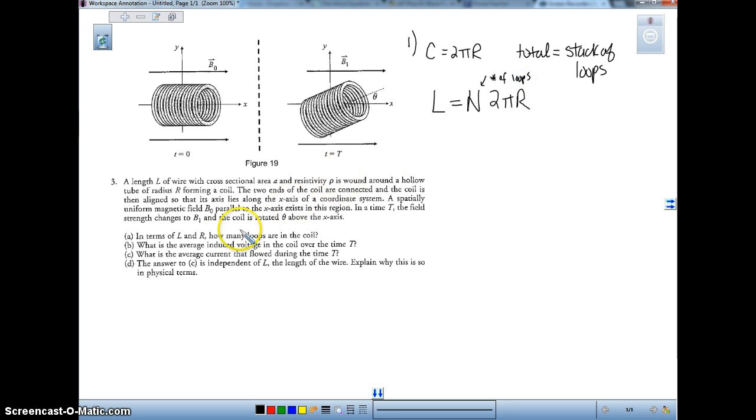Therefore, the question is, in terms of R and L, how many loops are there? So N, if I divide that out, is going to be L over 2 pi r. So that's number 1. Pretty logical. Total length divided by one circle will give us the number of loops.